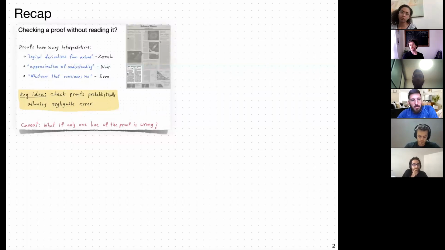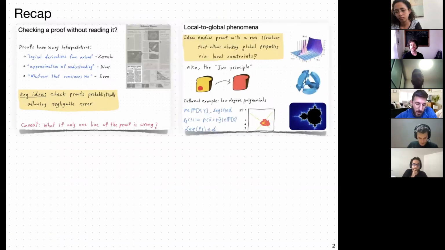So first of all, recall that on the last episode of the PCP course, we discussed this notion of proofs and probabilistically checking them, and we said that the meat and potatoes, the technical tool which allows us to have this magical proof that you can check locally, is the local to global phenomenon, which is what allows us to take some local property and make it global and pronounced in the entire object.